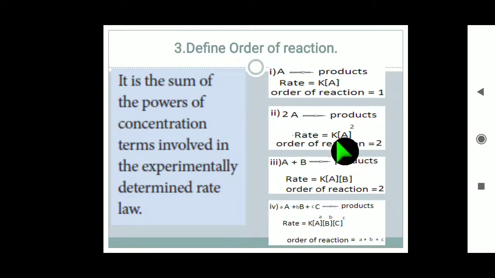Rate equal to rate constant, concentration of A, the coefficient will come as an exponential power 2. So order of reaction 2. The third example we can see A plus B gives a product. A plus B, 2 reactants. So simply we can write the order of reaction 2. The same manner we can find the order of reaction.